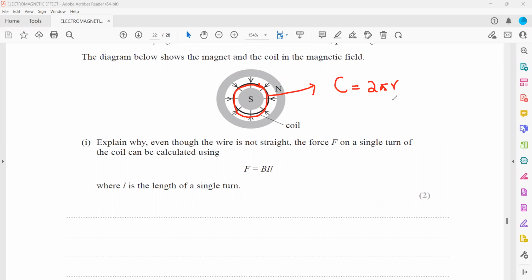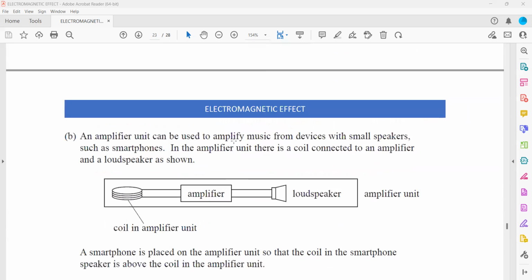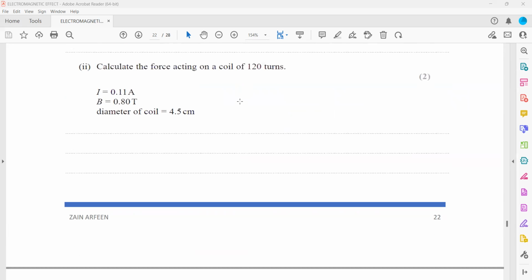If we know the diameter, we substitute r = d/2, so it becomes pi d. So we get the circumference using pi d, or 2 pi r if the radius is given. The reason they give the diameter of the coil is so we can work out the length of wire placed in the magnetic field.